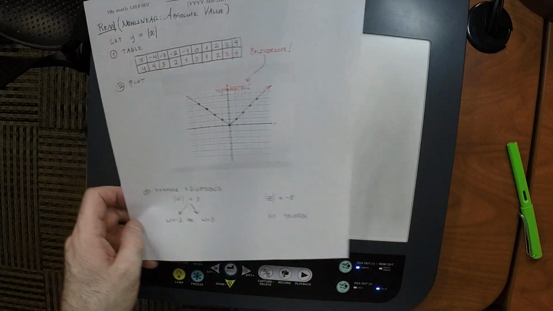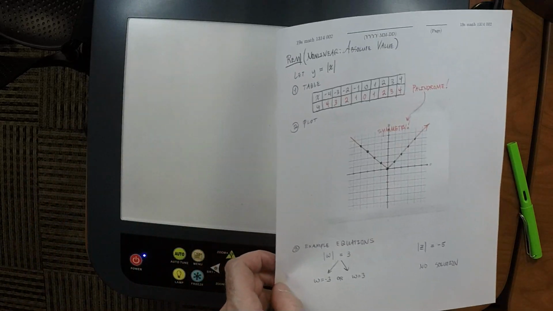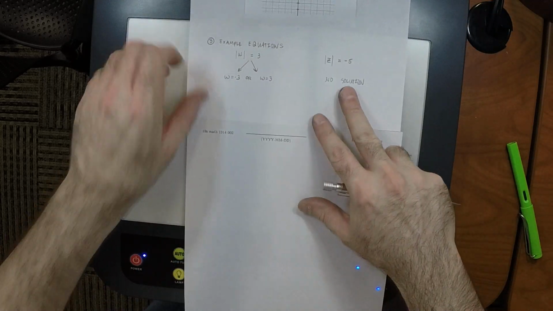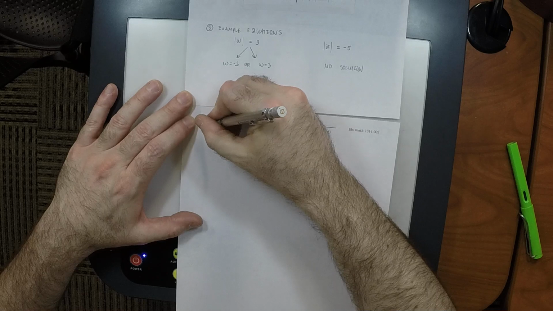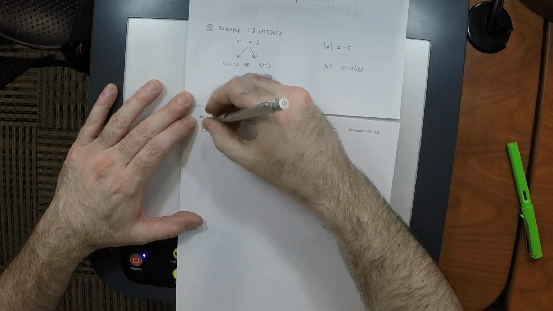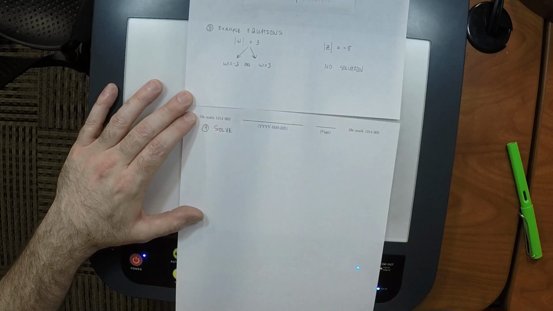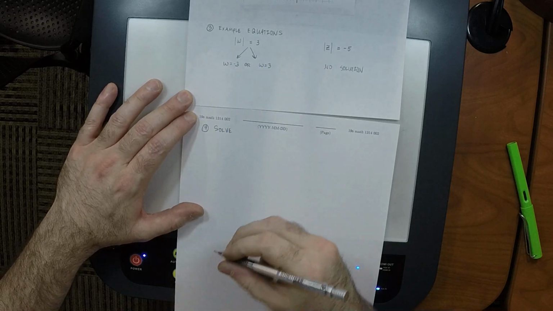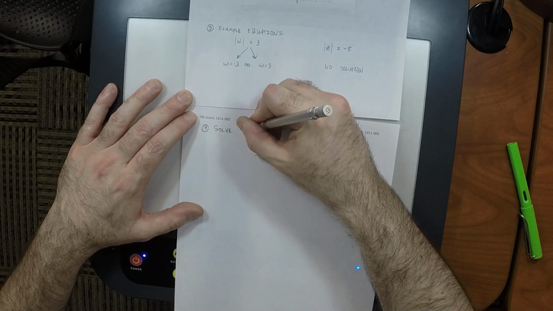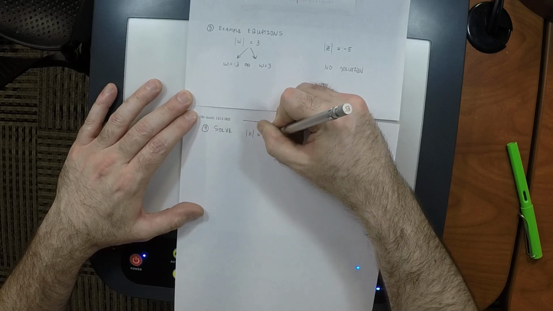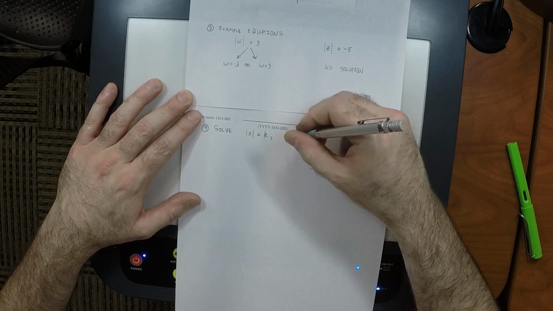So now, for item 4, suppose that we want to solve the equation absolute value of x is equal to k, where k is a constant.